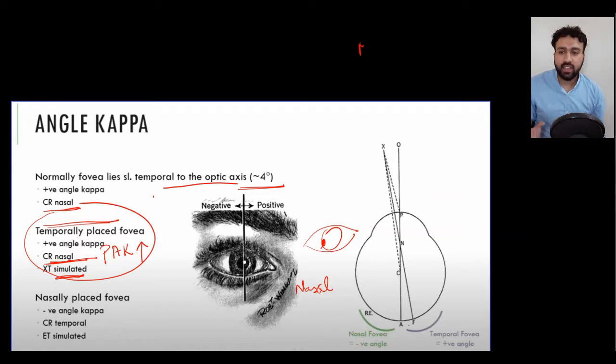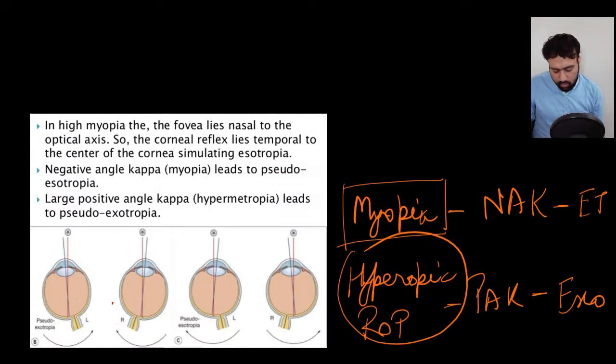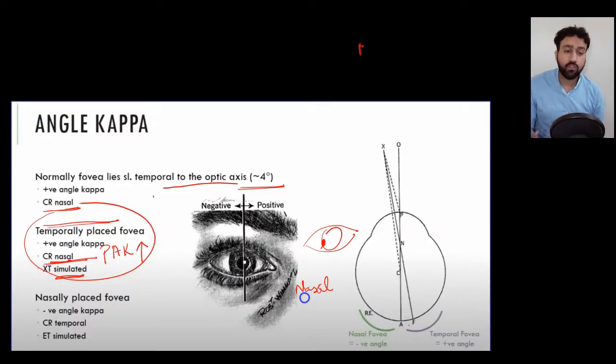On the other hand, consider that the fovea is now more nasally displaced for whatever reasons. We'll look into the reasons. If the fovea is more nasally displaced, the corneal reflex will be more temporally displaced. By convention, a temporal corneal reflex leads to a negative angle kappa. Why? Because nasal is positive for angle kappa and temporal is negative for angle kappa.